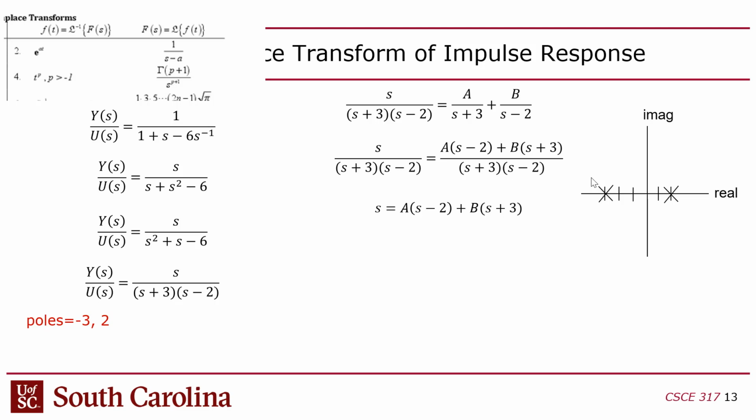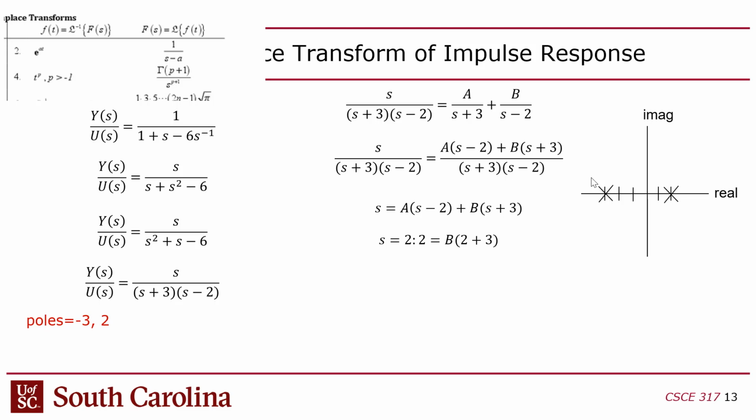So we set s to 2. Then the a sub-expression gets zeroed out, and we end up with just one unknown in one equation.